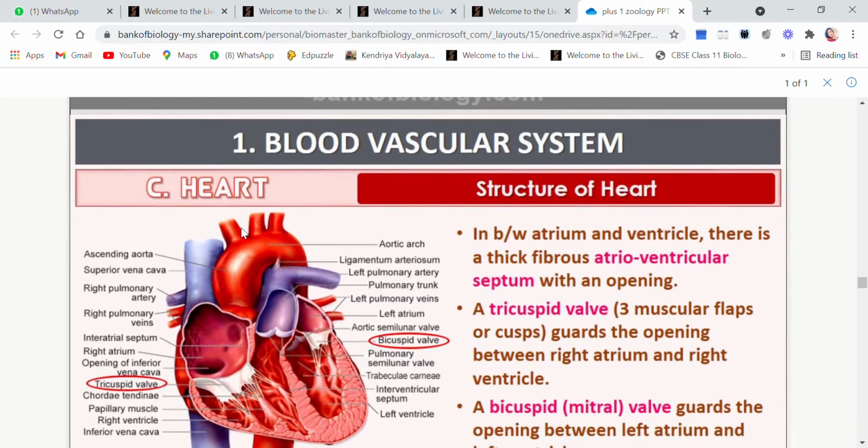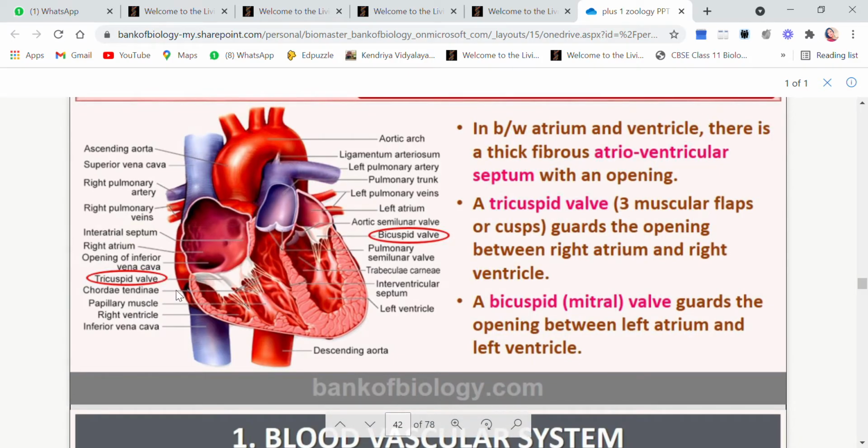In between them there is a septum called atrioventricular septum, and this atrioventricular septum has an opening, and the opening is called tricuspid valve. So a tricuspid valve, why tri? Because it has three muscular flaps, and this guards the opening between right atrium and right ventricle.